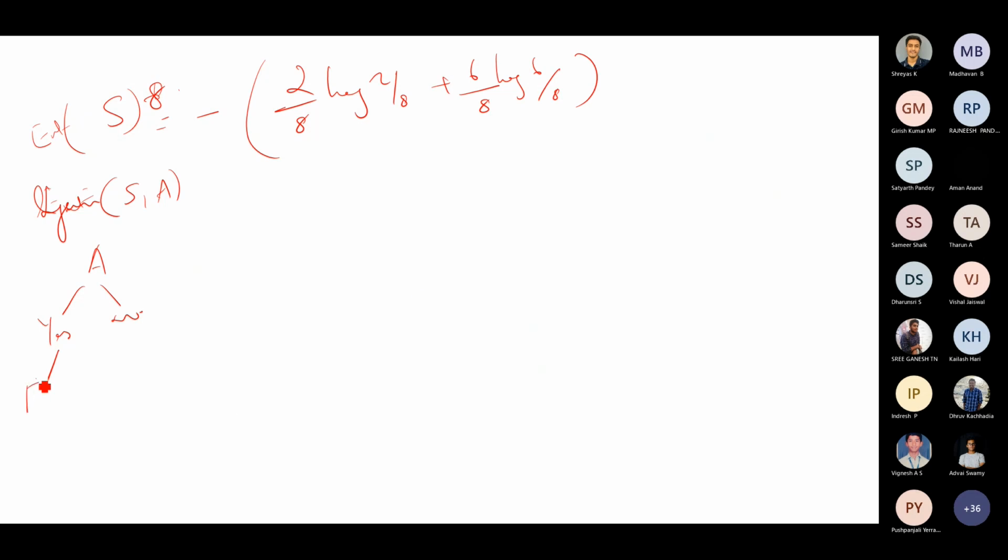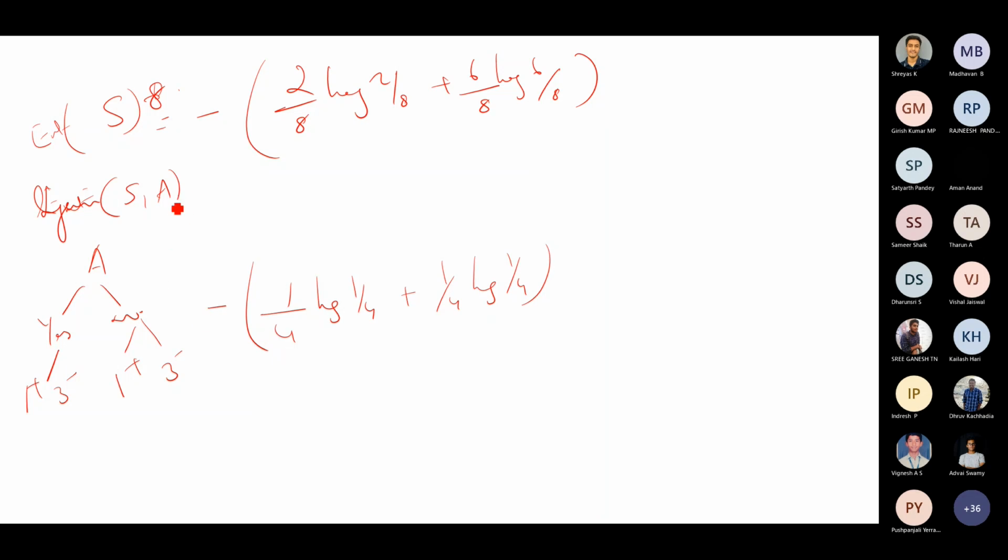So this is 1 plus and 3 minus, and for no again you have 1 plus and 3 minus. So this is how you have to calculate the entropy, which is 1 by 4 into log 1 by 4 plus 1 by 4 into log 1 by 4. So that will be negated. So you can have this value.